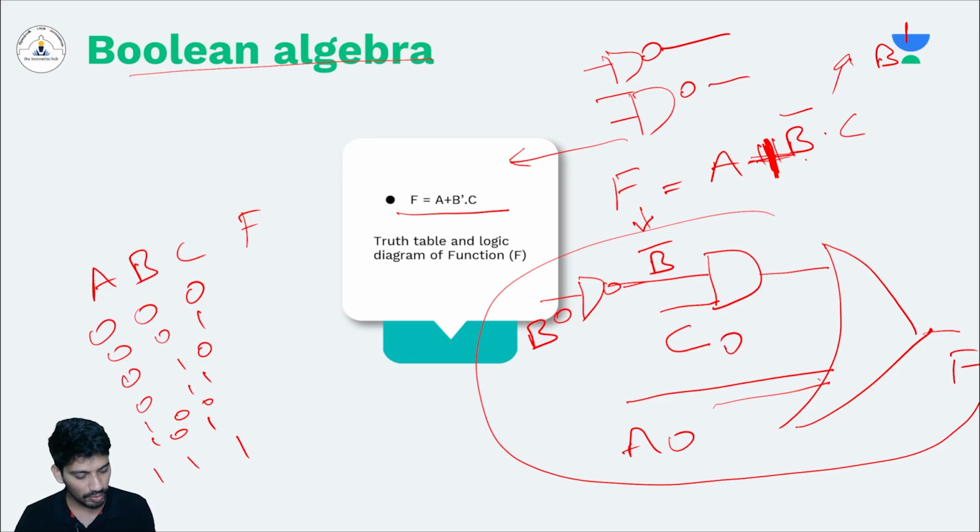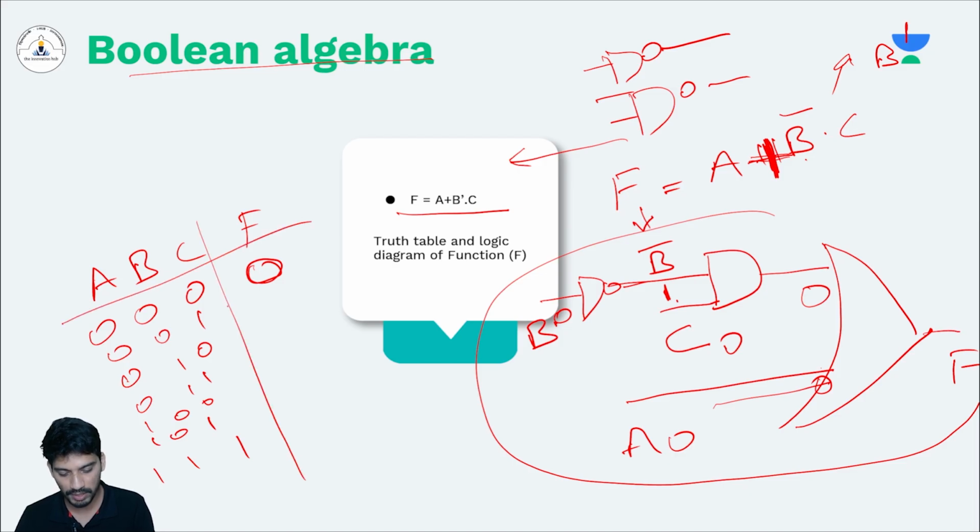If a is 0, here 0 will appear. If b is 0, here 1 will appear and 1 into 0 is 0. So 0 plus 0, f is equal to 0. If you do the same operation for all the combinations, the f output will look something like this: 0, 1, 0, 0, 1, 1, 1, 1. So this we call a truth table.